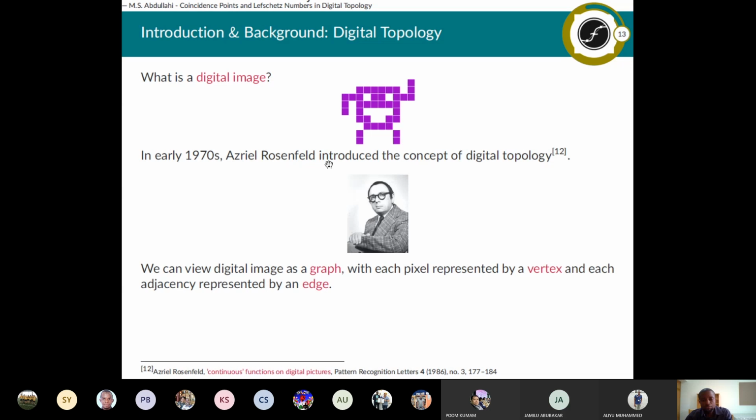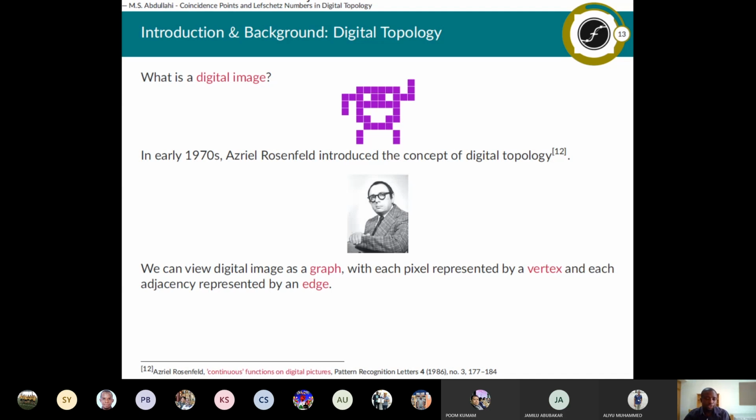The study of digital images was initiated by Azriel Rosenfeld in the early 1970s, where he called it digital topology. The reason why he introduced this is to give theoretical backing to some of the image processing operations they do study.